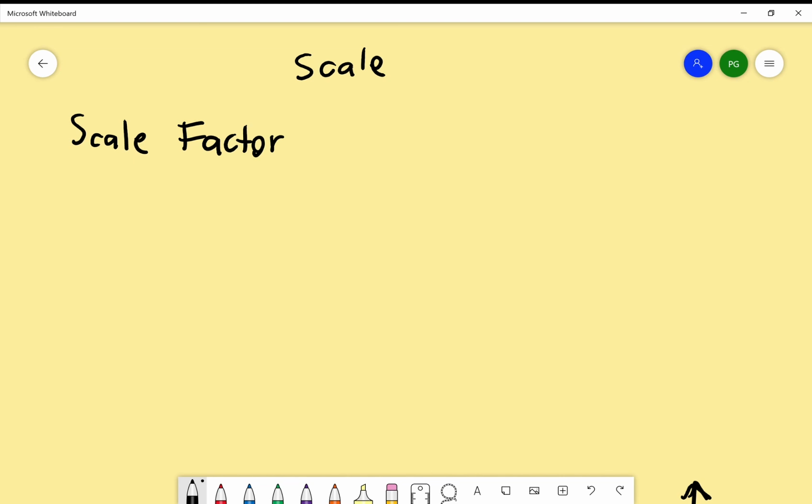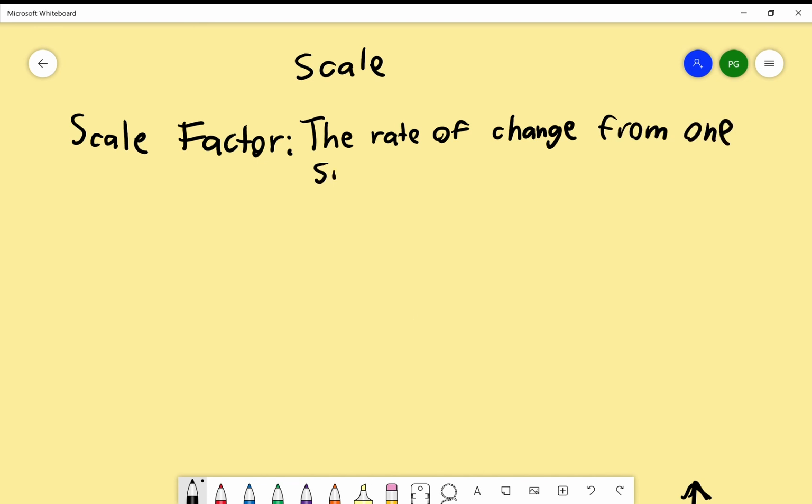A scale factor is the rate of change from one similar shape to another. Okay? And I'm going to give you 4 simple, quick examples.